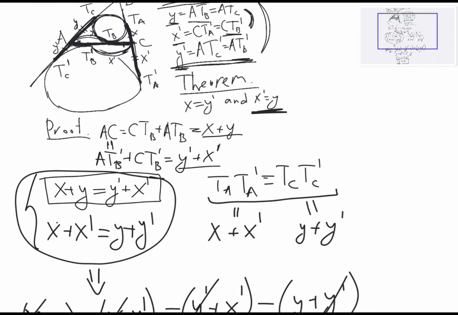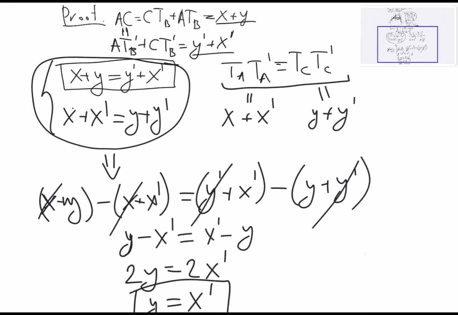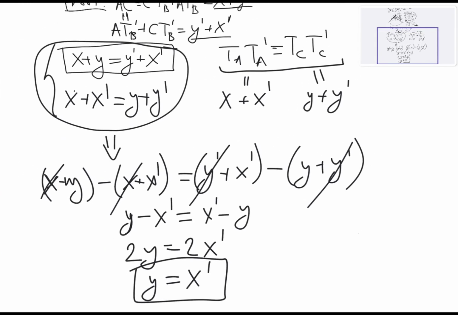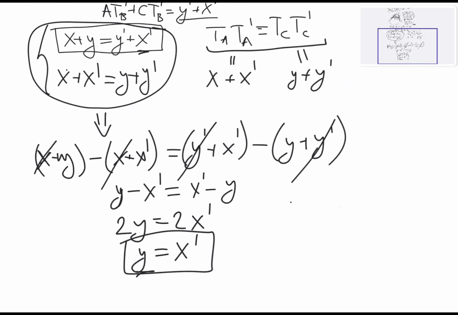So this is one of the equalities that we needed to prove, and the other is simply, well, one way to do it is to substitute x prime in the first equality. We already know that x prime is the same as y. So again, this is the equality: x plus y is equal to y prime plus x prime.